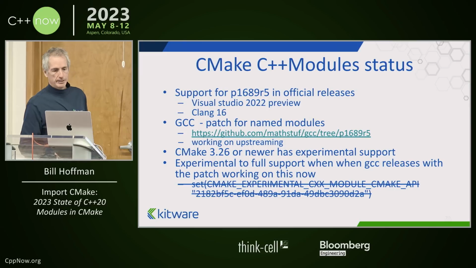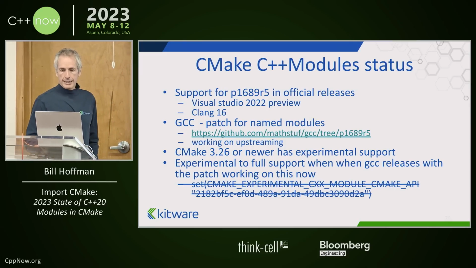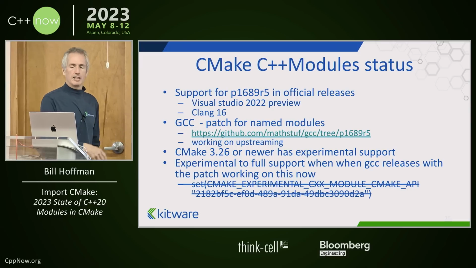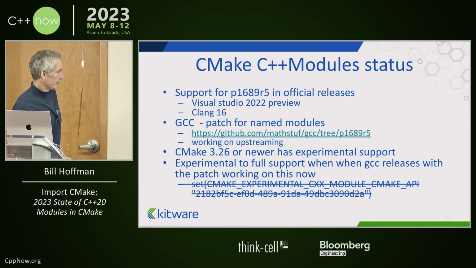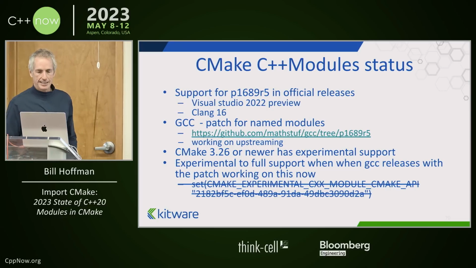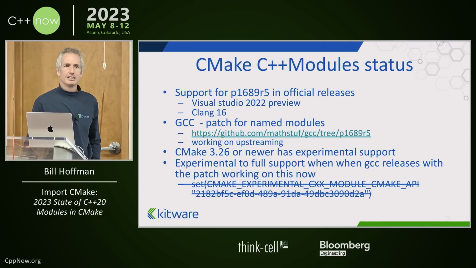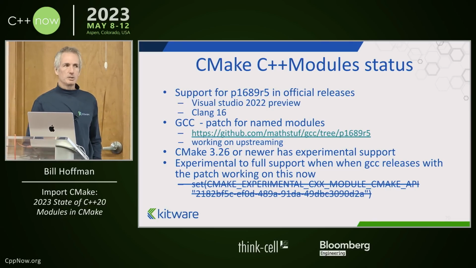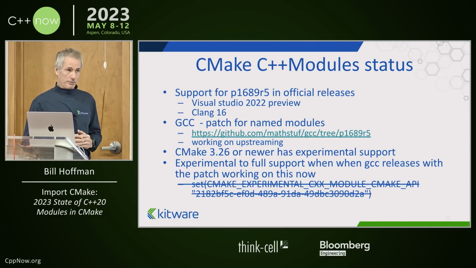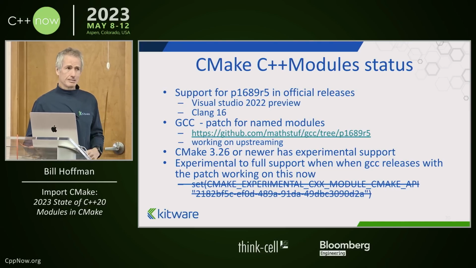CMake 3.26 or newer has experimental support, and we expect to switch off the experimental API flag as soon as GCC releases a compiler that actually supports this. We just want to make sure that nothing's going to need to be changed in the API. We don't want to have to support something or have some crazy case where it starts failing for people.